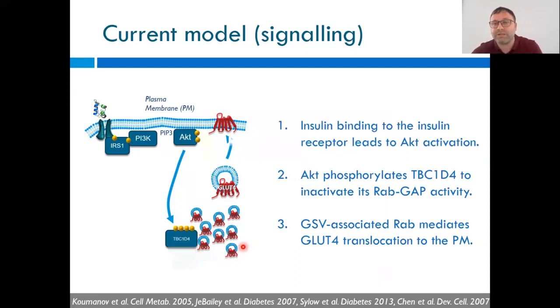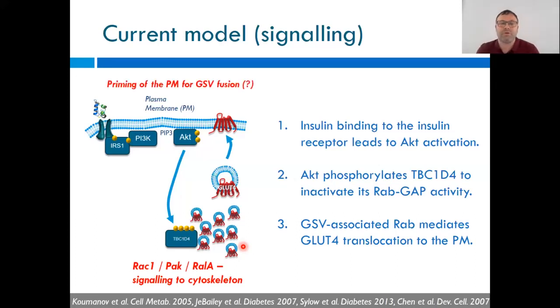But there are other sites, as I indicated in earlier slides, where insulin intercedes in GLUT4 trafficking. For example, by activating RAC, PAK, and RAL-A proteins, insulin signals the cytoskeleton to promote GSV trafficking to the plasma membrane.